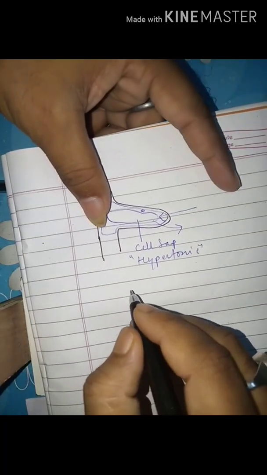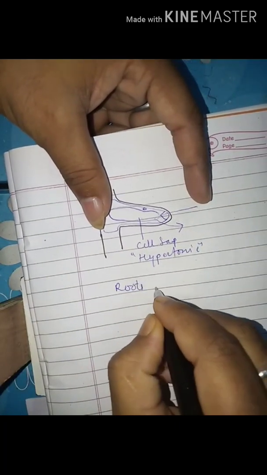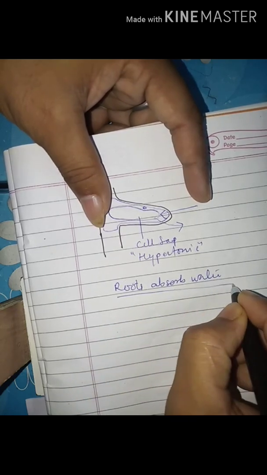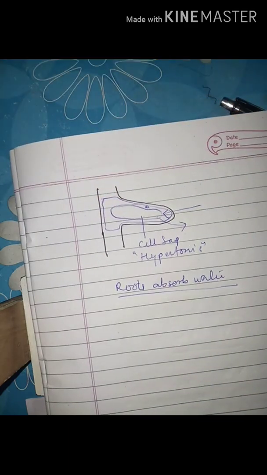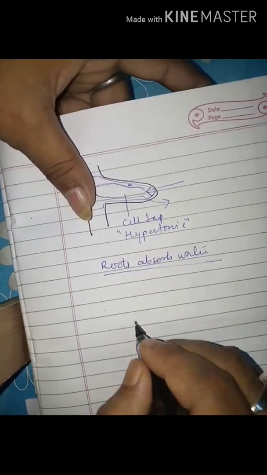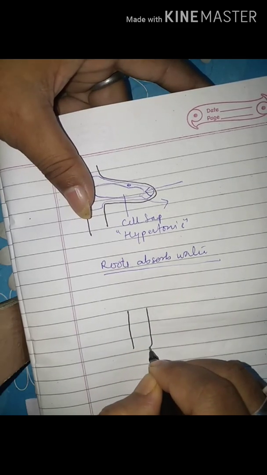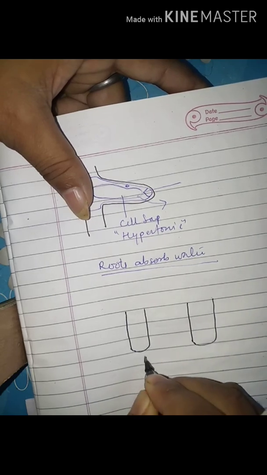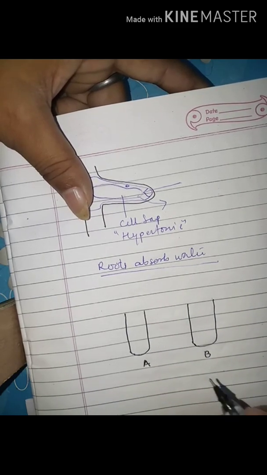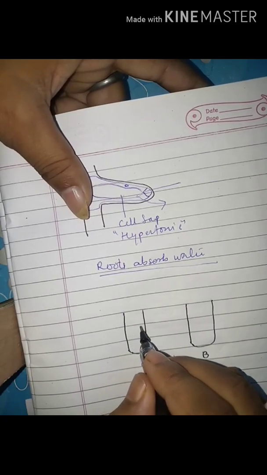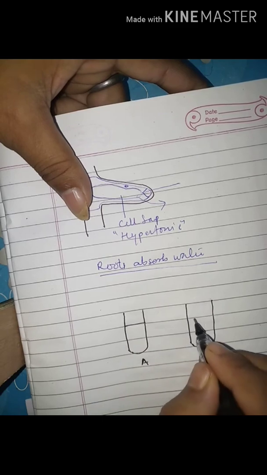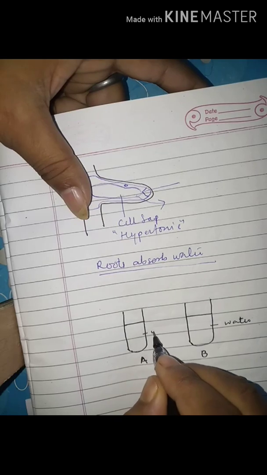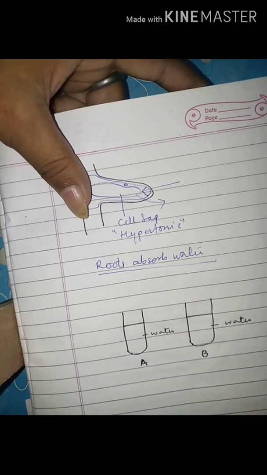So what was the experiment? Roots absorb water. We will take two test tubes, test tube A and test tube B. Fill both the test tubes with an equal level of water. Clear?